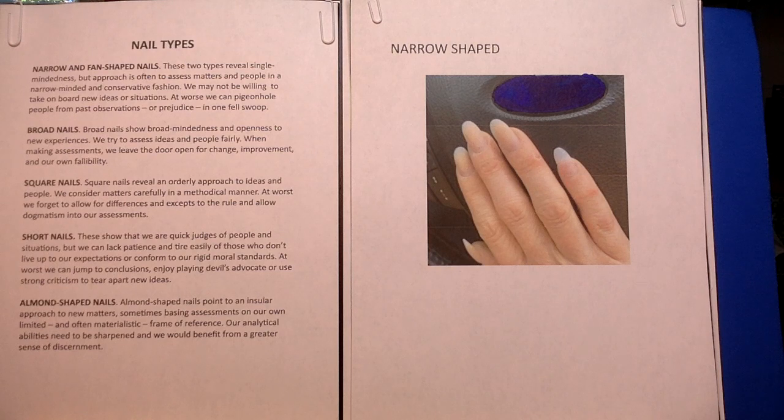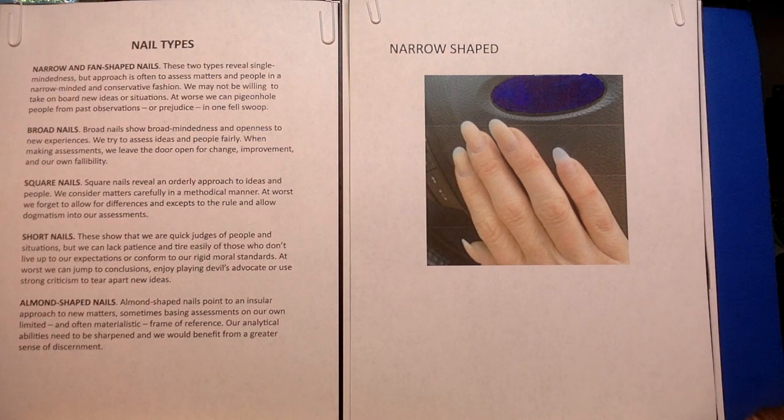Okay? Now that one is called the narrow, and sometimes referred to as the fan-shaped nail. These two types reveal single-mindedness, but approaches often to assess matters and people in a narrow-minded and conservative fashion. We may not be willing to take on board new ideas or situations.